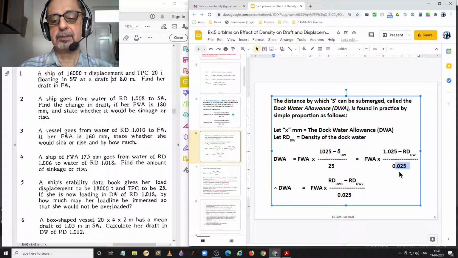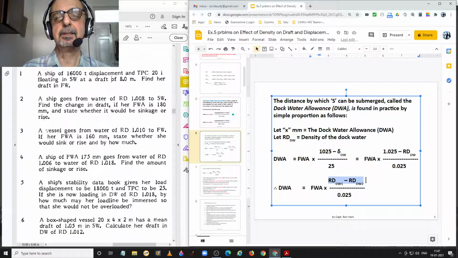In other words, we can simply write the formula as dock water allowance is equal to freshwater allowance multiplied by the difference in two relative densities divided by 0.025.